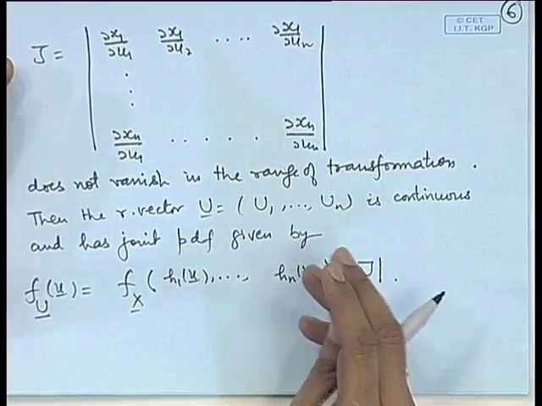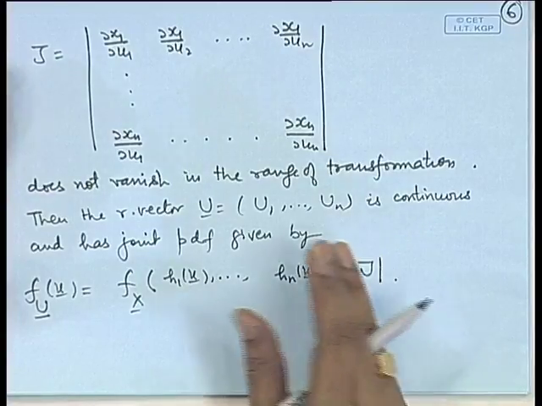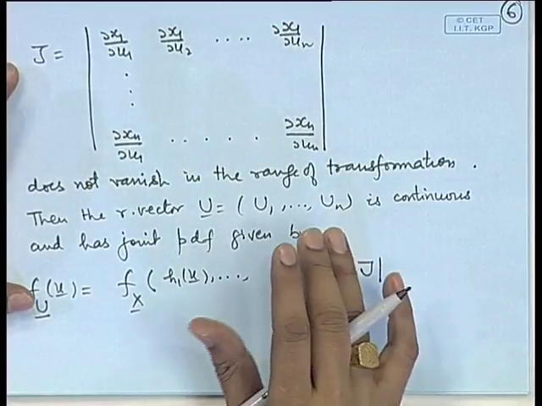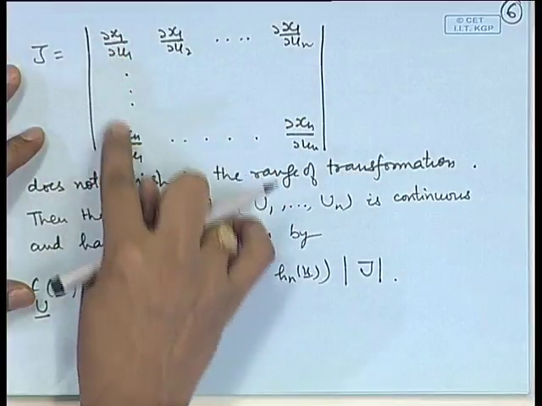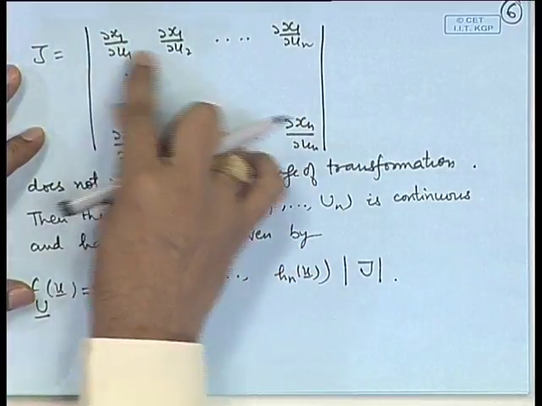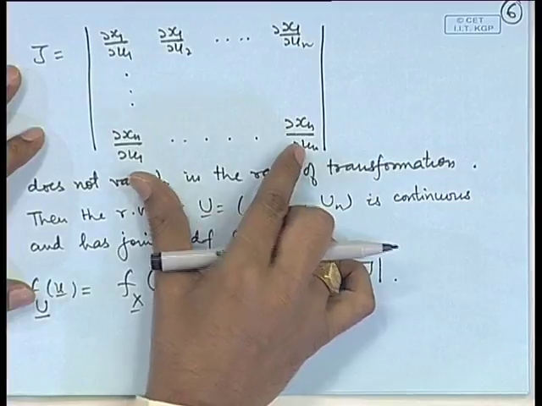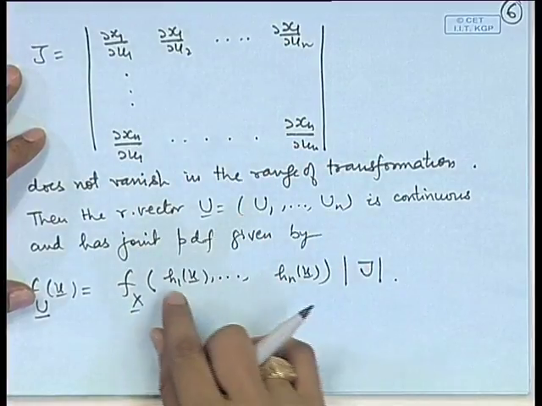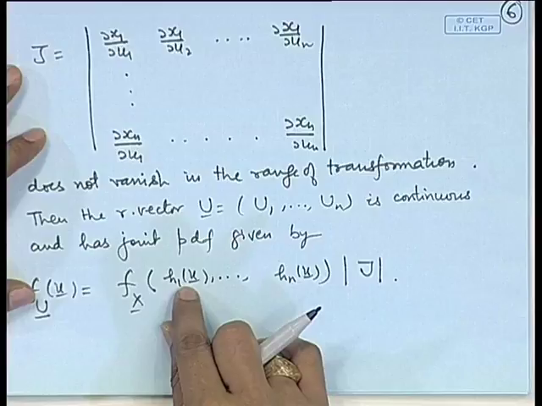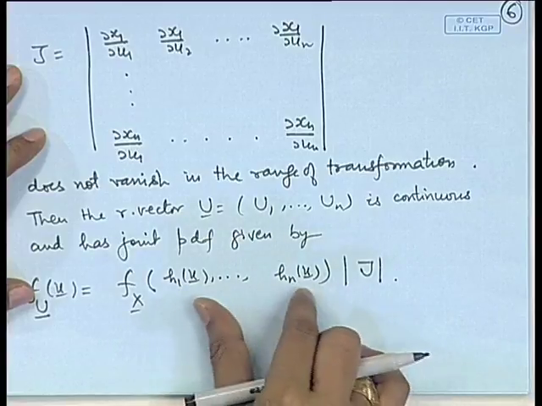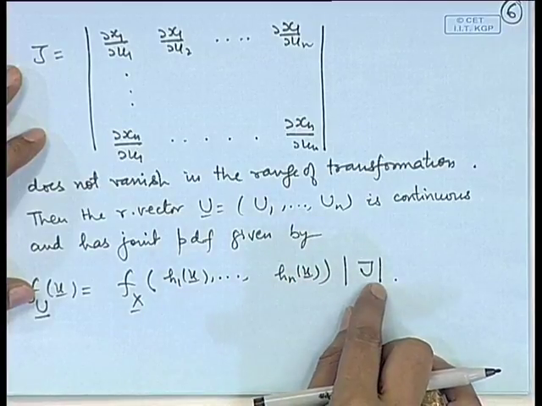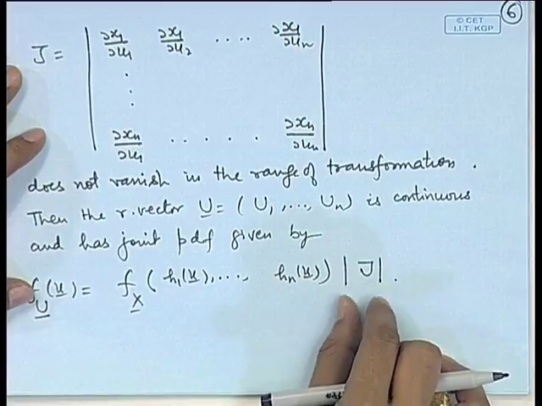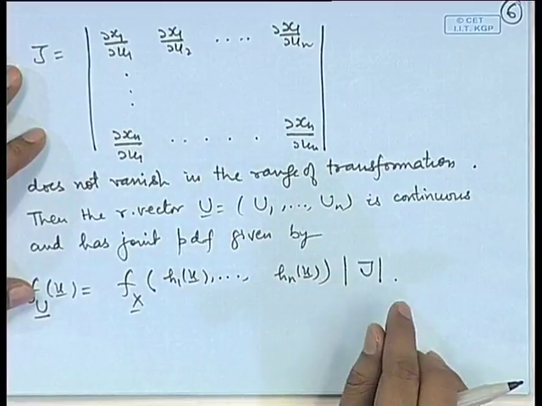So, when we have an n-dimensional random vector and an n-dimensional 1-to-1 transformation, we look at the inverse function and calculate the determinant of the partial derivatives, call it the Jacobian, substitute the values of x1, x2, ..., xn in terms of the ui's and multiply by the absolute value of the Jacobian. That yields the joint density function of the transformed random vector. So, let us look at a few applications here.